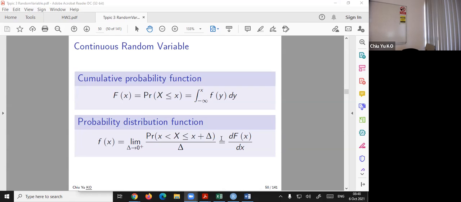Okay, the main problem of why we cannot start from the P of x first is because when you have a continuous random variable, okay, then the random variable can actually take many different numbers that are continuous. It means continuous means infinitely many, right? A lot, right?